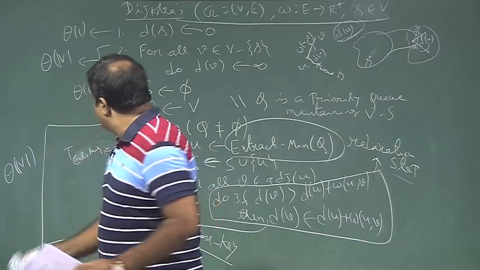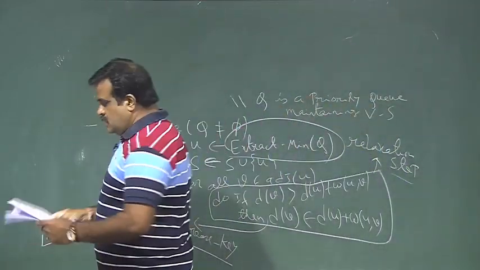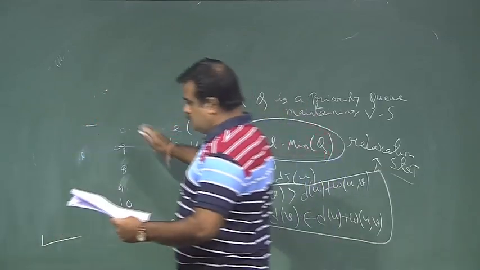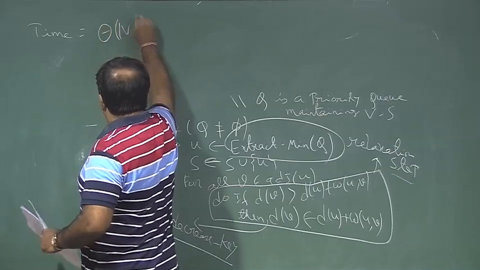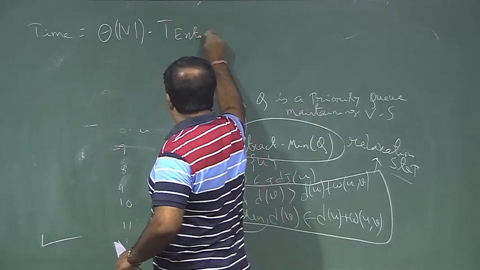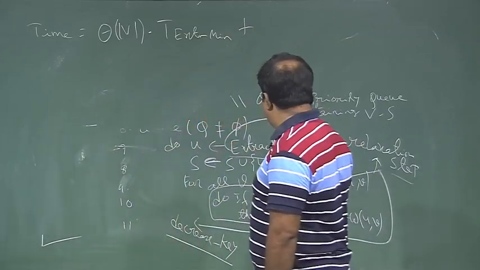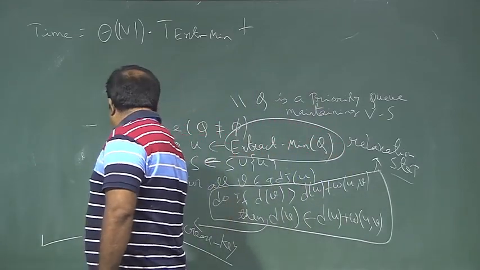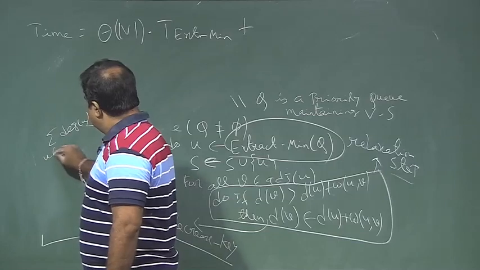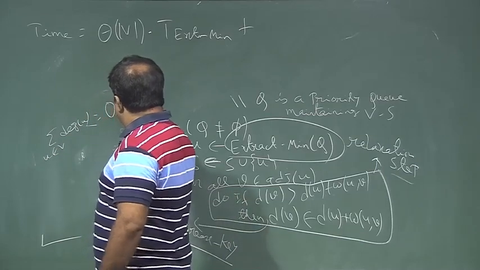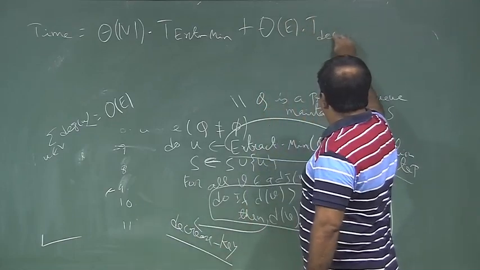So the time for Dijkstra's algorithm is basically order of V times extract minimum, plus, as the outer loop is order of V times, now this is a summation of degree times the decrease key. The summation of degree, we have seen from the handshaking lemma, is order of E. So this is order of E times T of decrease key operation.